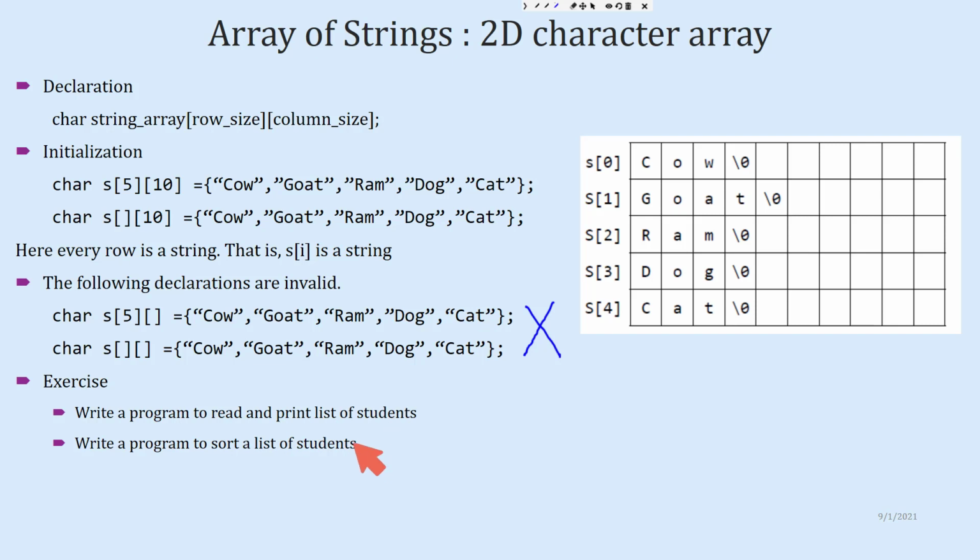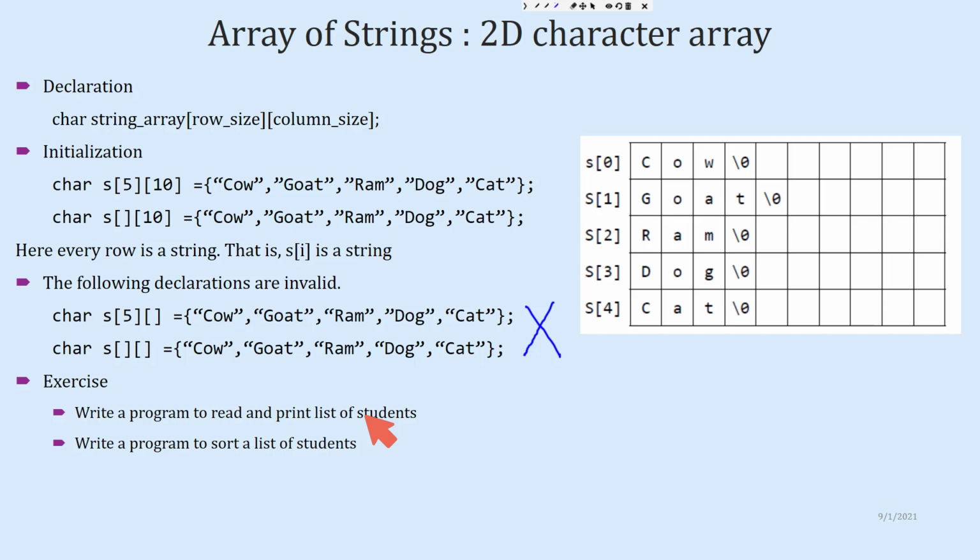So is the concept of 2D character array clear? If it is clear, please respond with a clear message. So it is just a two-dimensional array.